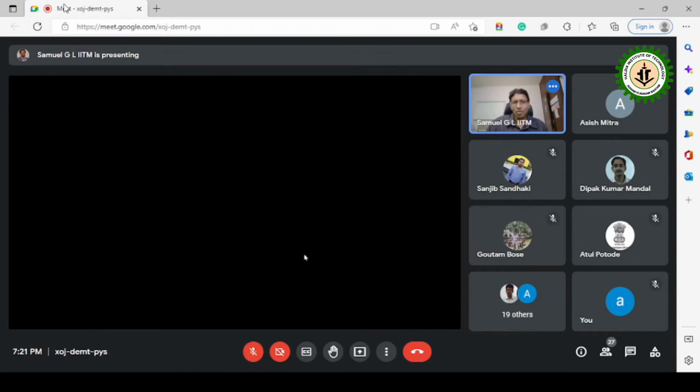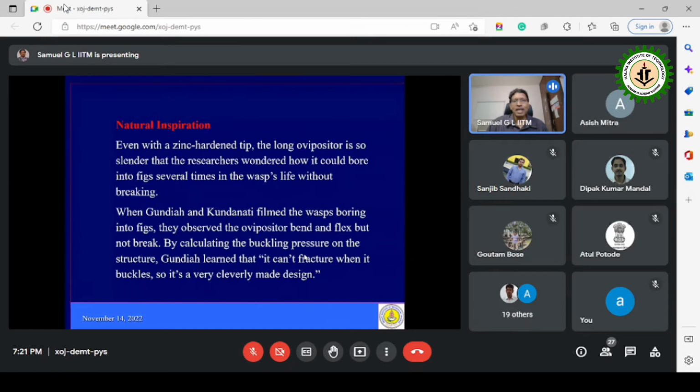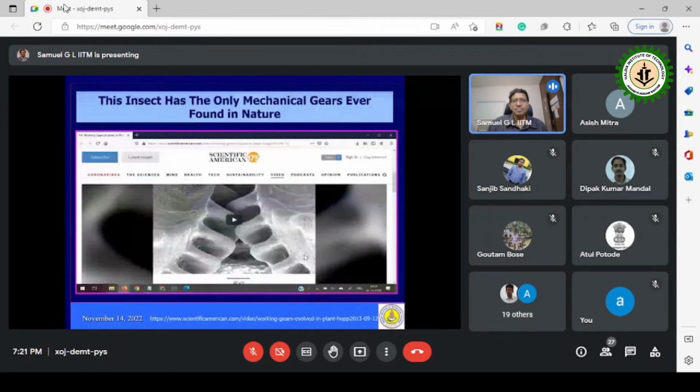And one more interesting thing we find in nature is this insect, which has the only mechanical gears ever found in nature. The size, you can see here, is 20 micrometers, so the whole length could be like 150 or 200 micrometers. In that, they have a mechanism.